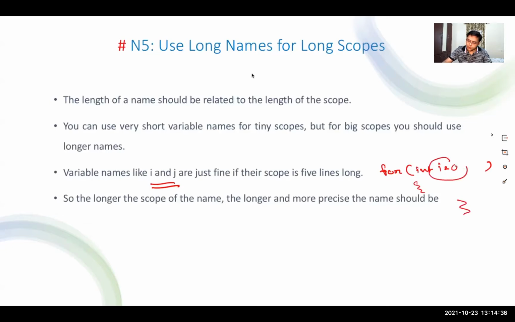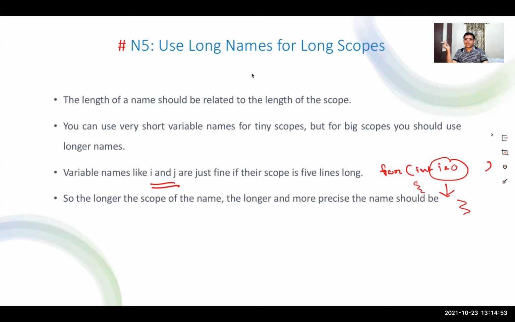The scope is limited to this particular block. Whenever it is shorter, this is okay. I can use i, j, k, but even if the scope is bigger, I can give a proper name instead of i, like count or whatever it is.